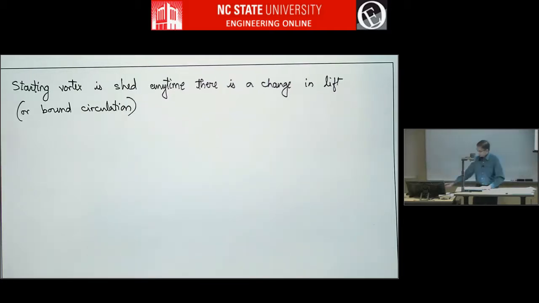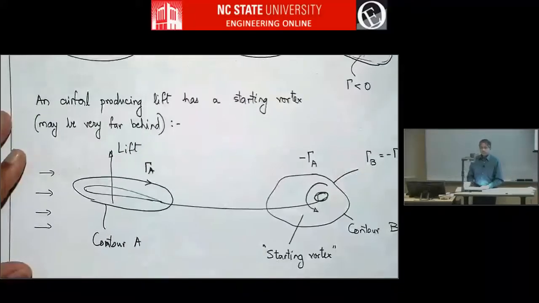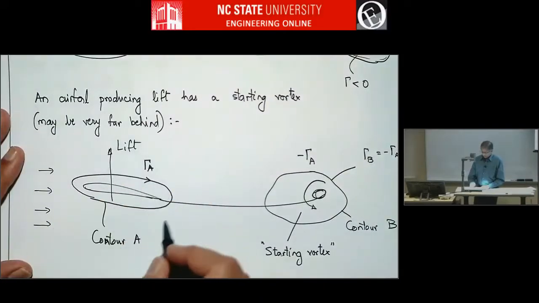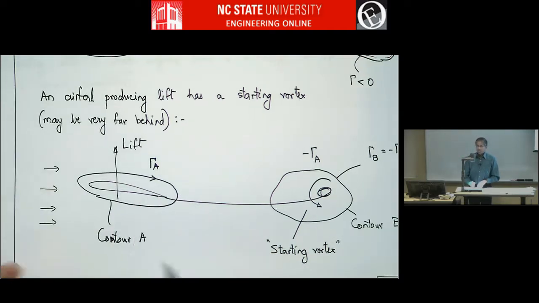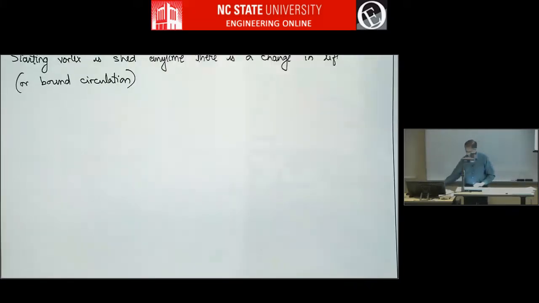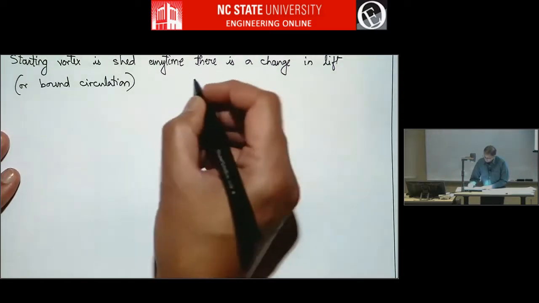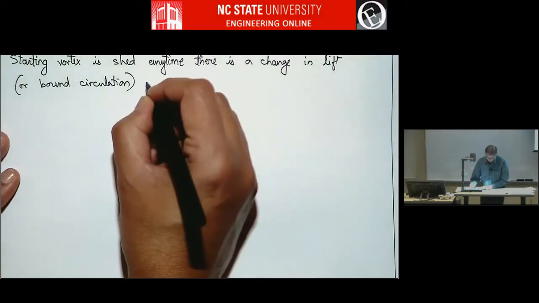So this circulation is called bound circulation. When you take circulation for a contour A that envelopes the airfoil, that's called bound circulation because it's bound to the airfoil. This contour, we always think about it as around the airfoil even if the airfoil is moving around, right? So it's the bound circulation. So anytime there's a change in lift or bound circulation on the airfoil.